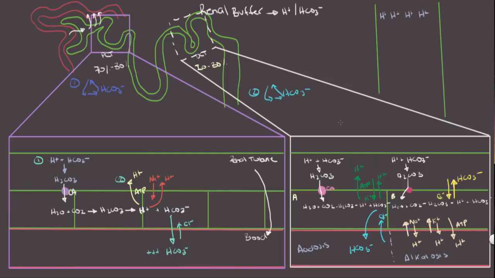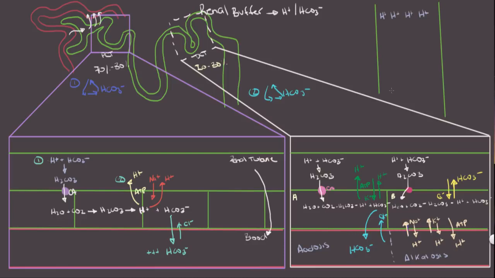But the problem is that having an excessive amount of hydrogen ions can cause issues, because we're decreasing the pH of the urine. And we know that as things become excessively more acidic, they start to damage proteins in cells. So one of the ways that we're going to need to manage this is having a buffer system within the kidney that is going to allow for safe transport of these hydrogen ions outside of the cell.